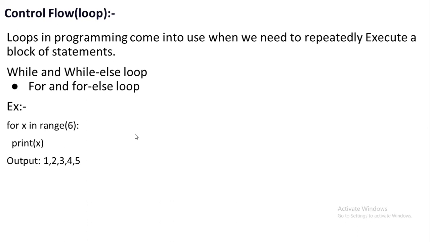If you don't revise, how are you going to write the program? So for x in range 6, print x. Output 1, 2, 3, 4, 5. So here x is going to start from 1 and it goes less than 6. Fine. So it is 1, 2, 3, 4, 5.